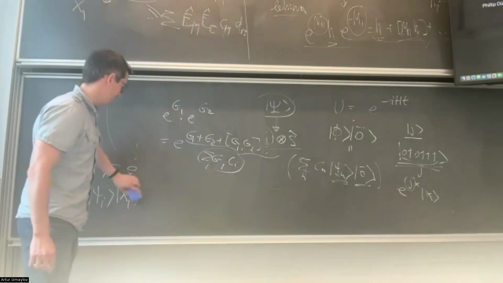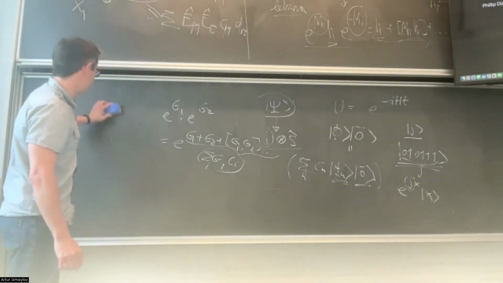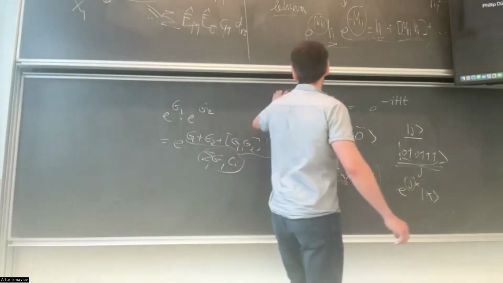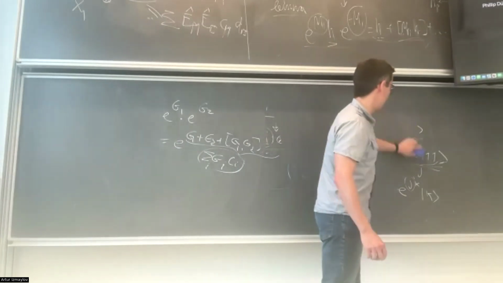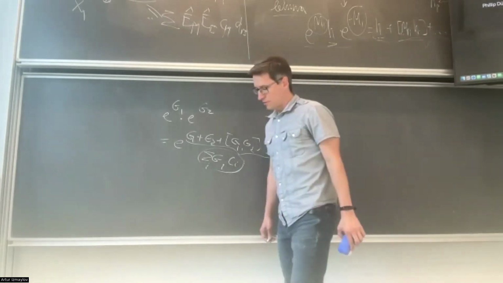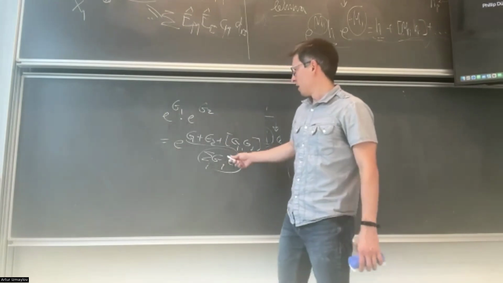Okay, thank you. Yes, the theta in the product of exponentials is different from the theta in the exponential of the summation. That's correct. These are actually different parameterizations of the Lie group.